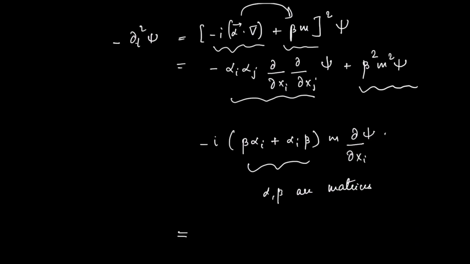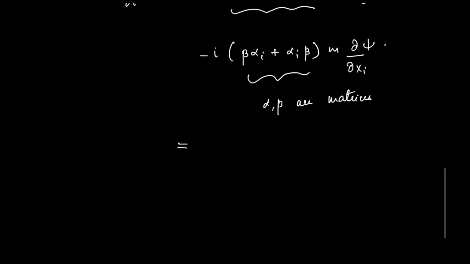See, on the LHS I already have minus partial square psi. Okay, so on the right hand side I need a second order spatial derivative, right, plus m square psi.